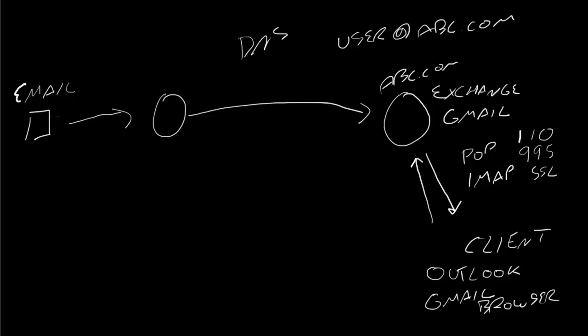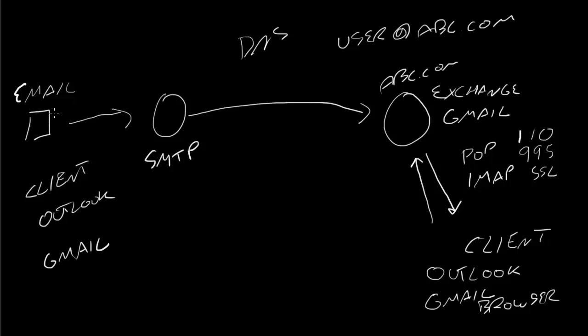Now, in order for this email here, and you're using a client here as well, so you're using Outlook or Gmail or some other client, in order to transfer it to this server here, you're going to use what's called SMTP. An SMTP is just a way to relay the information from a server to another server.